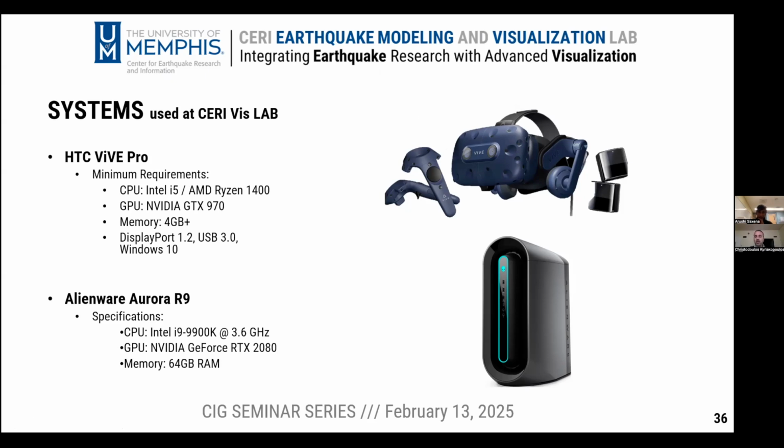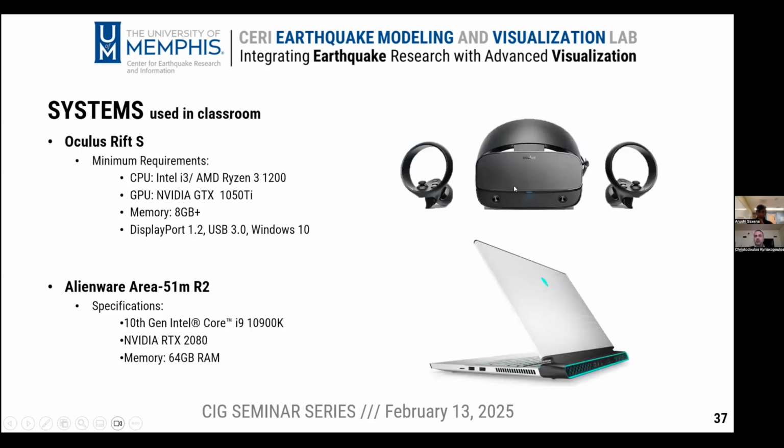In the Viz lab I have a fixed system with an Alienware desktop. I also have a mobile system, a VR-ready laptop with goggles, that can also be used in a classroom, of course.